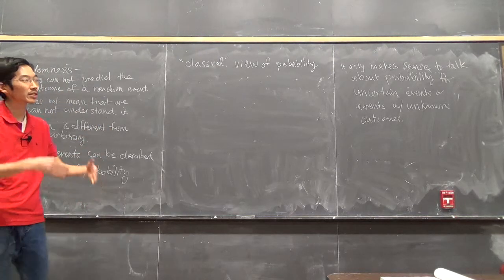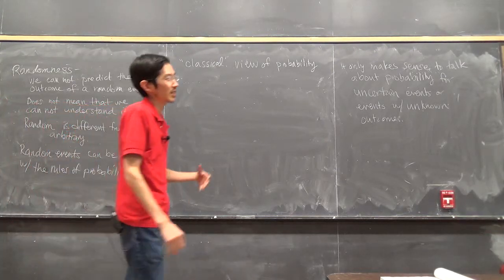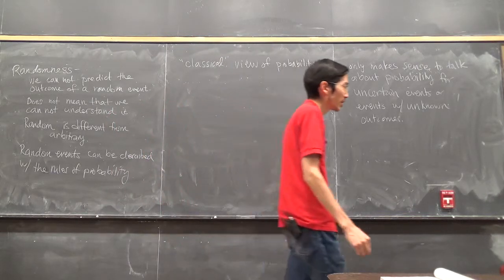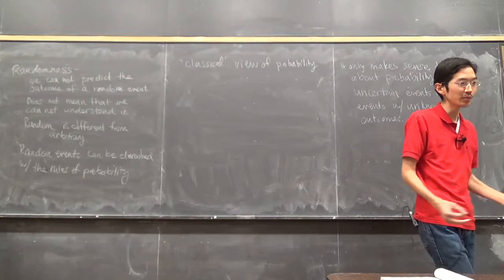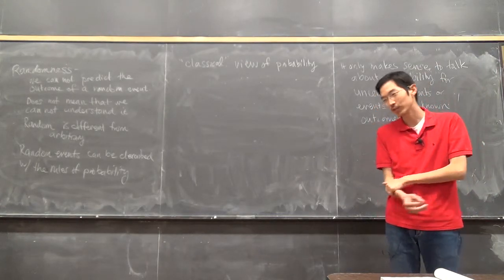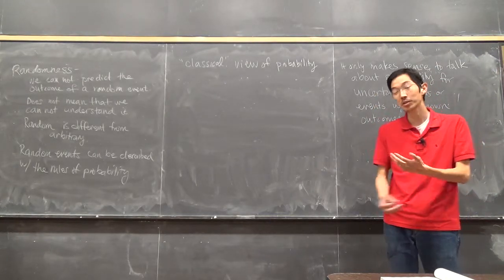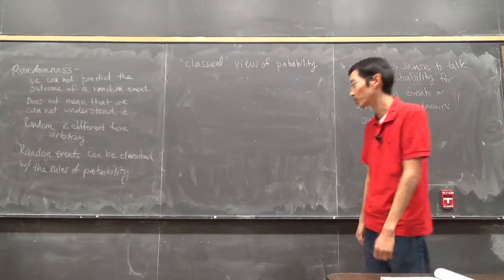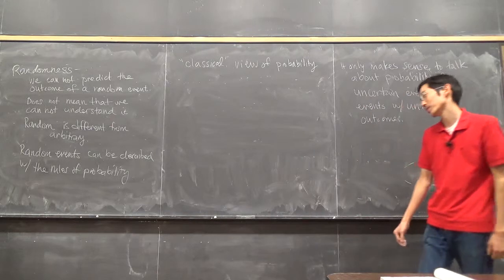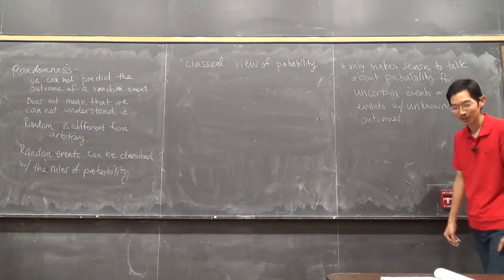works very well. Maybe in the last few decades or so, another view of probability has emerged, and that would be the Bayesian view of probability. I shouldn't say it has emerged. It's been around for a while, but has gained more popularity because of modern computational power.